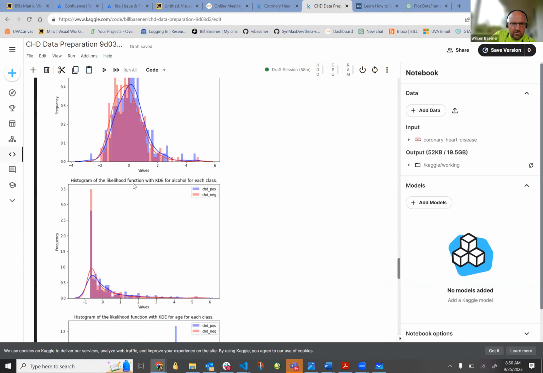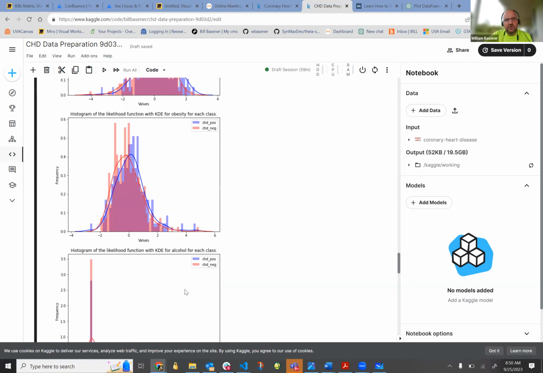Where was alcohol? Alcohol use. So here's the alcohol use. So I don't know. That's interesting. As you use more alcohol, what's the impact? It's a little hard to tell on the scale. I don't know.